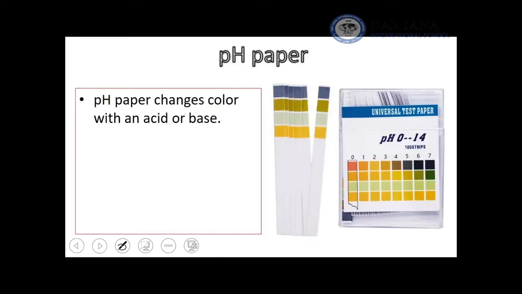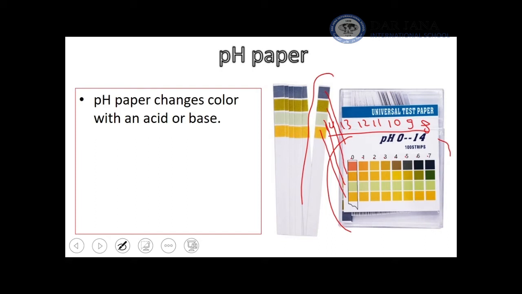Now to use the pH scale, we can use the pH paper. So here's the scale, it goes from 0, 1, 2, 3, 4, 5, 6, 7, and on the other side 8, 9, 10, 11, 12, 13, and 14. So you take this paper, dip it in a solution, and start comparing each square to the reference here.